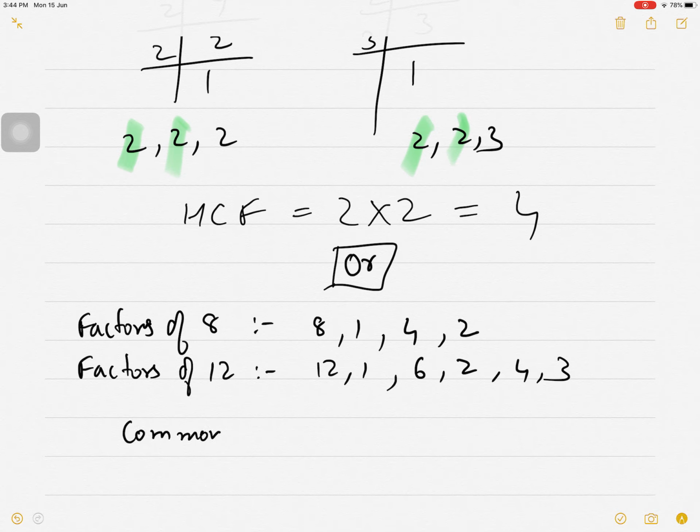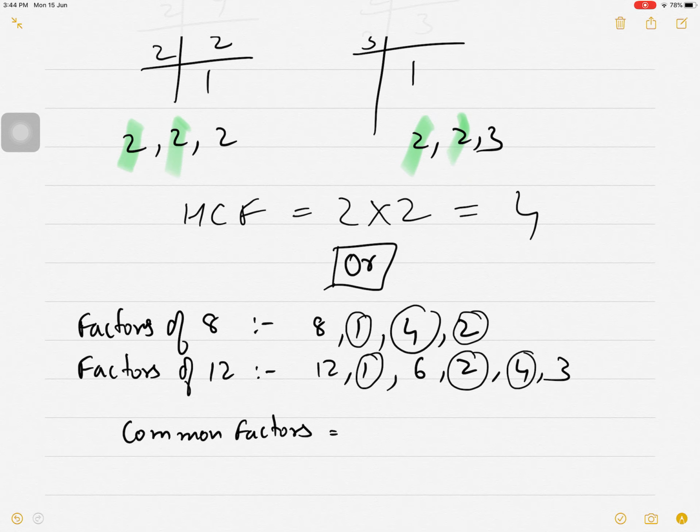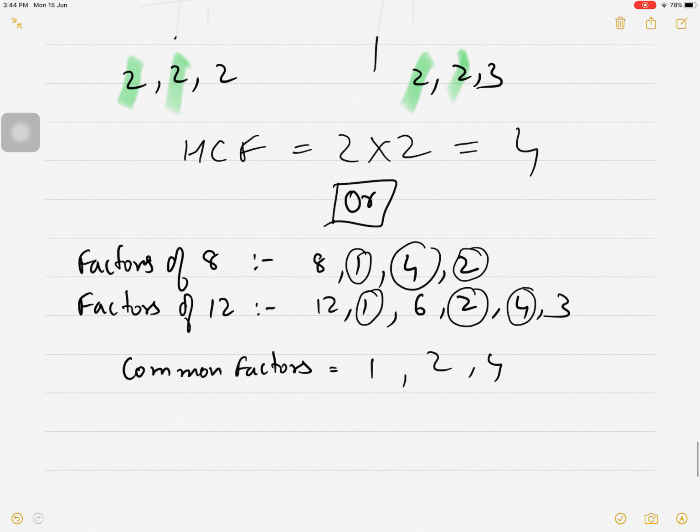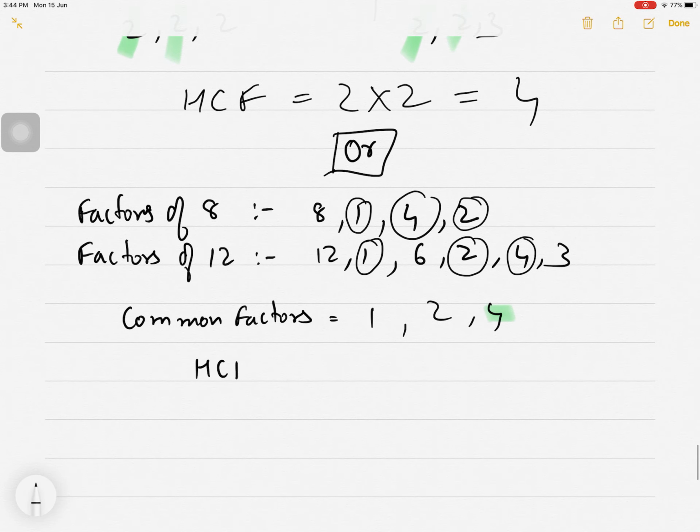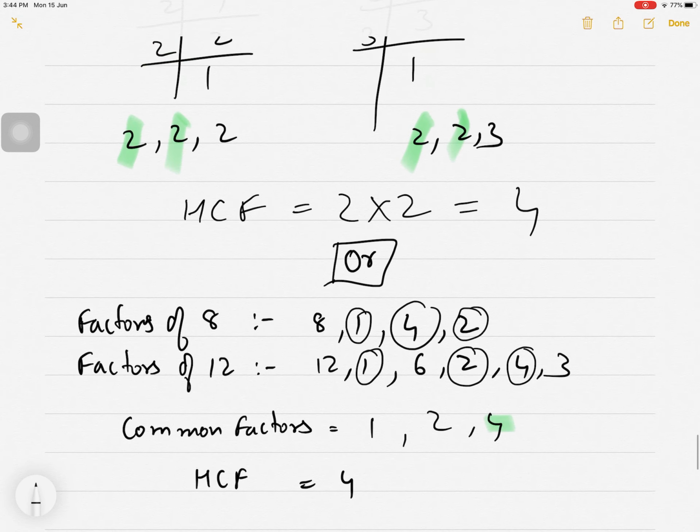Common factors are 1, 2, 4. Correct? Which is the highest common factor? Highest common factor is 4. Right? So HCF is 4. This is also one way of solving.